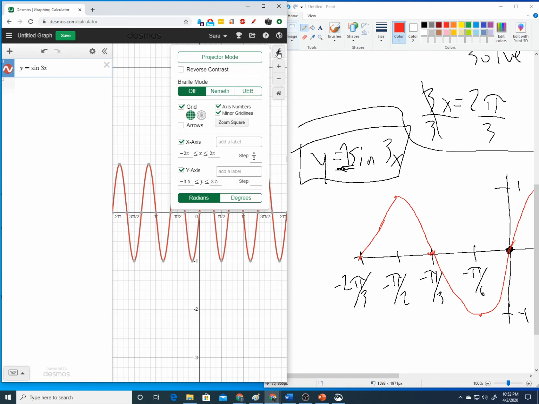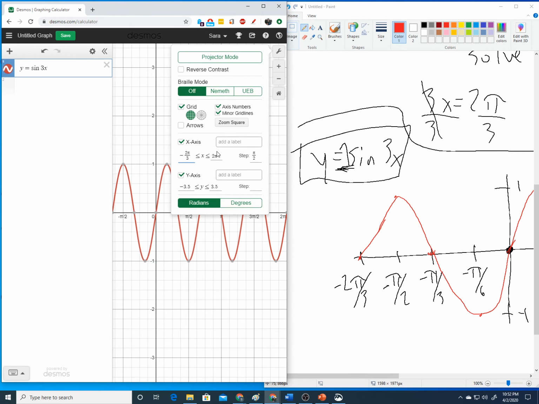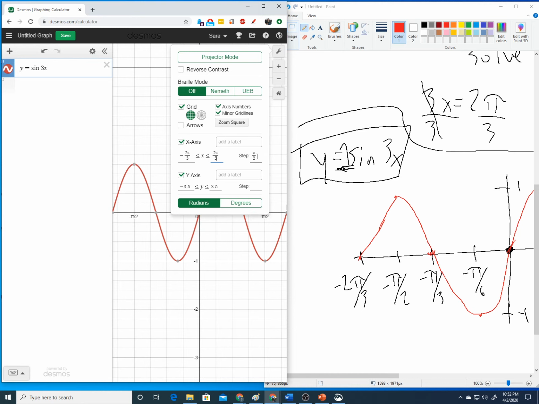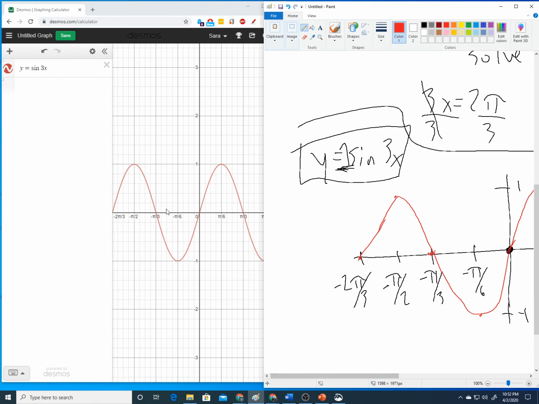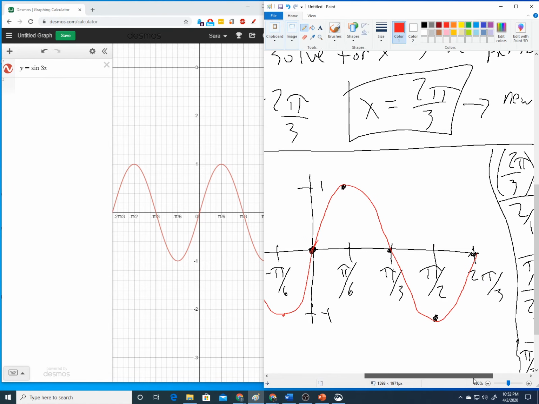Okay, I'm going to change my window here to match what I graphed. And this time, instead of stepping by pi over 2, it makes more sense, it looks like, to step by pi over 6. Okay, so double check this graph against mine.